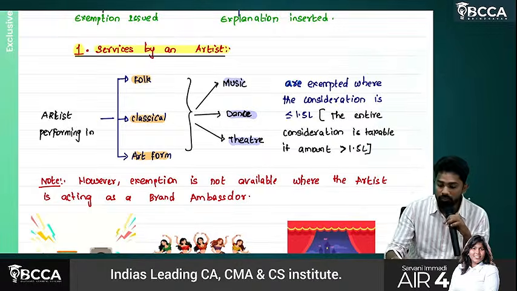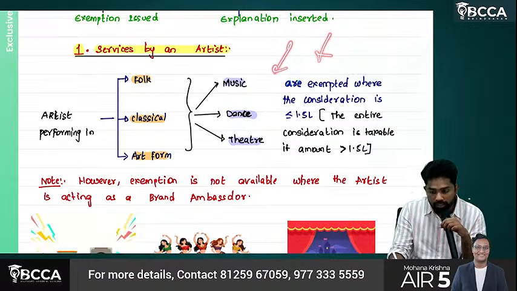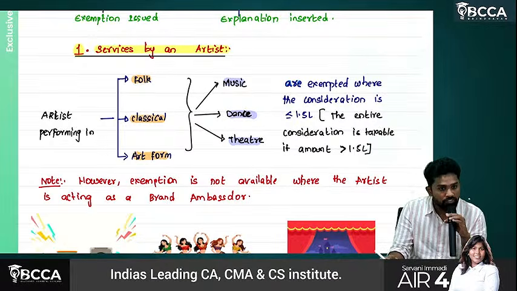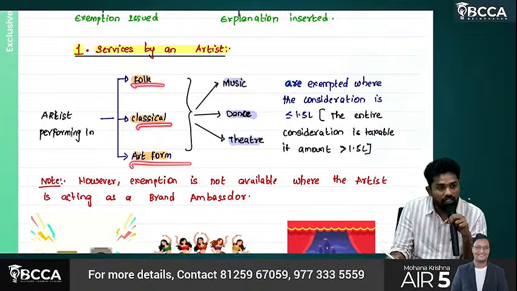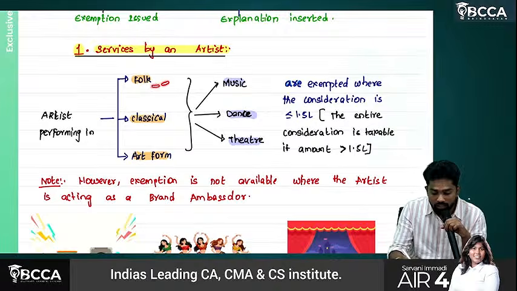These days music directors like Anirudh, Thaman, DSP are also providing musical shows. When they perform in musical shows, they will not come under folk, classical or art form. Even Ilayaraja, all those will not come under folk, classical, art form.